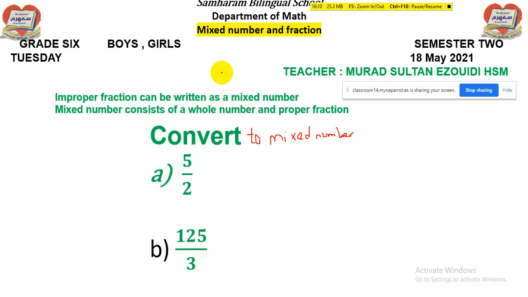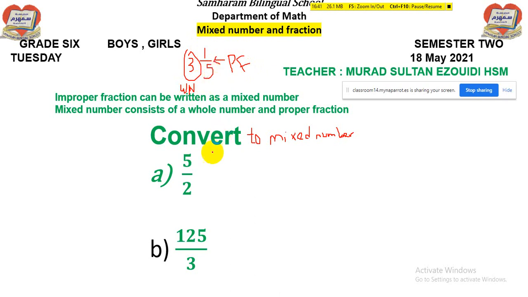So a whole number, for example, 3 1/5. So 3 here is a whole number. Clear? And 1/5, this one, my learners, is a proper fraction. Why proper fraction? Because the numerator value is less than the denominator value.